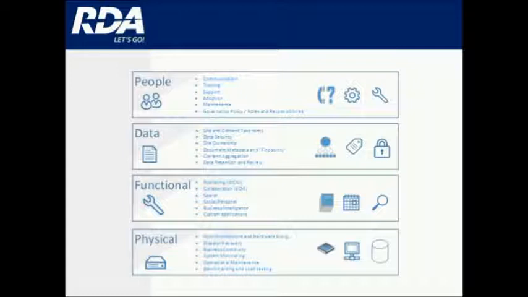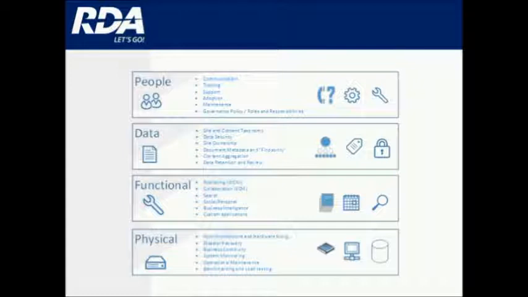We typically plan from the bottom up. We start with figuring out what the appropriate physical infrastructure is for the services you want to deploy. Then we dive into functional layers in terms of what services are we making available, and how are we making them available. Then we get into the data portion, which is really talking about how do we organize our sites and our data and our documents, and who owns that data and how is it secured.